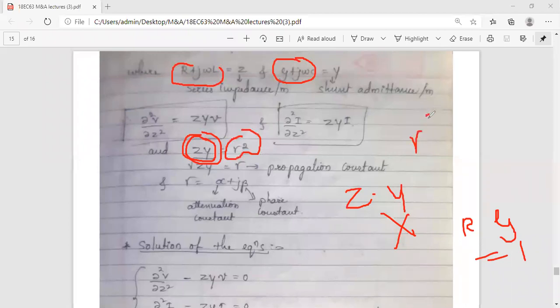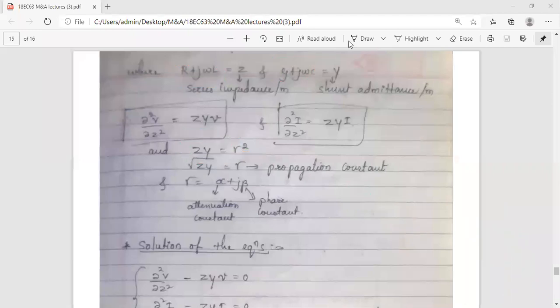Gamma square. So Z into Y, the product, is equal to gamma square, where gamma is called the propagation constant. In the upcoming concept, you have the derivation for this particular concept also. So remember, gamma square is equal to Z into Y, or the propagation constant gamma is equal to the square root of Z into Y. And how is gamma, the propagation constant, further defined?